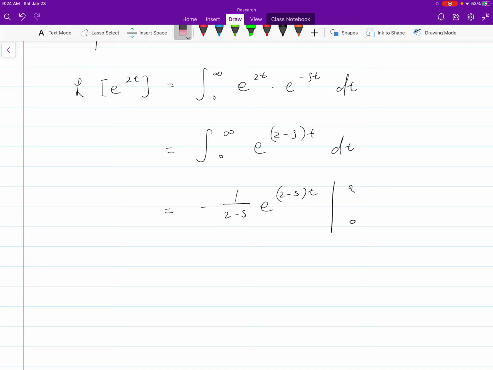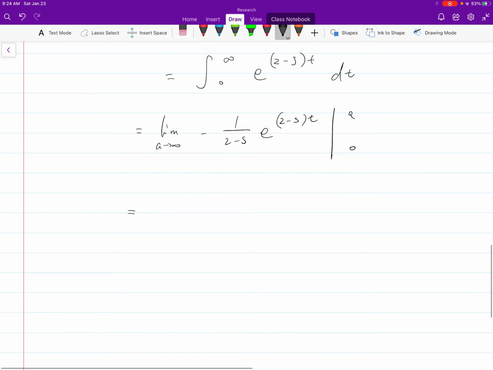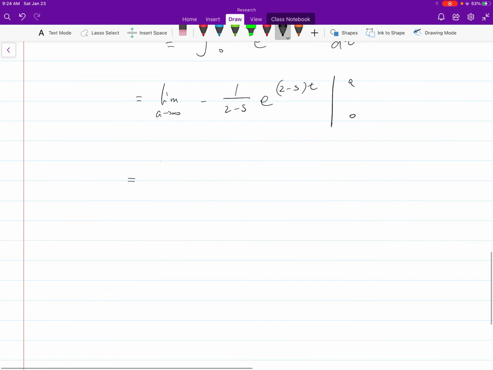Again, we want to check what's going on at 0 and what happens at infinity. It's pretty easy to see this is the limit as a goes to infinity of negative 1 over 2 minus s, e to the (2 minus s)a, minus the value at 0, which is 1 over 2 minus s.